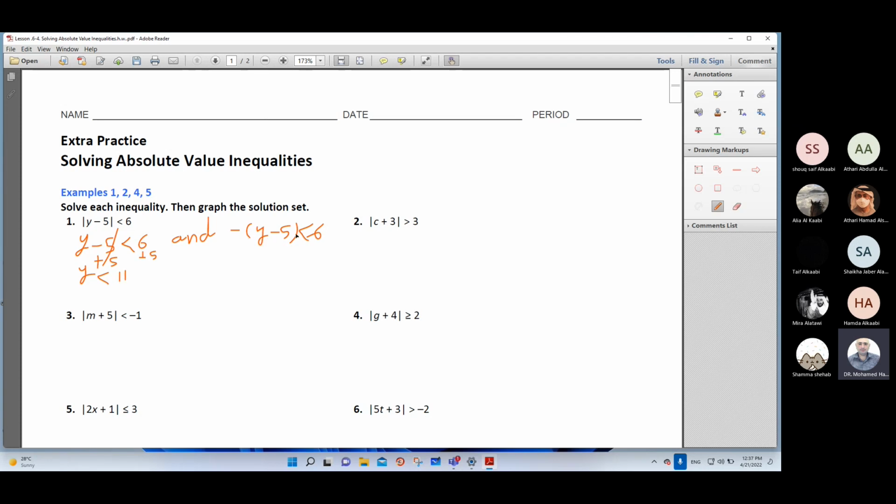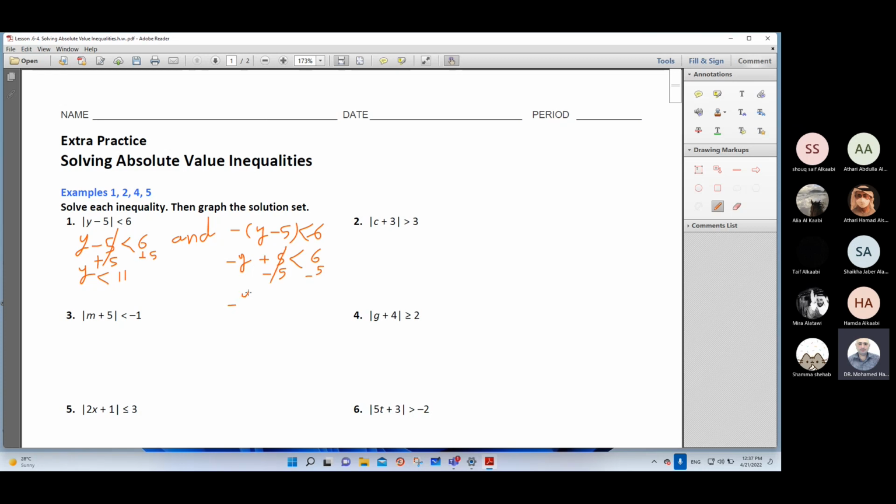And here, to solve this inequality, distribute the minus times y minus 5. Minus times minus 5 will be plus 5, so minus y plus 5 less than 6. To solve this inequality, try to remove 5 from this side. So add the inverse, minus 5 here and minus 5 here. Plus 5 and minus 5 is 0.